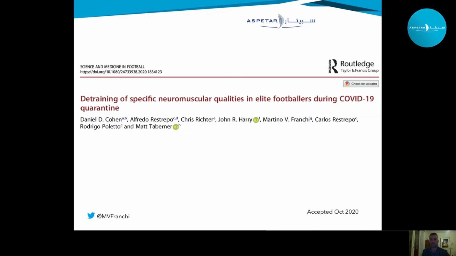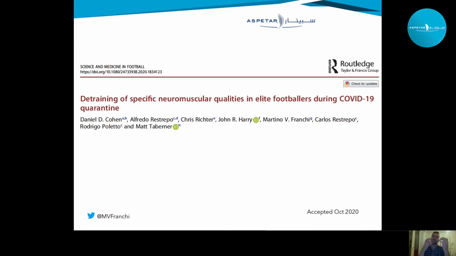This has just been accepted and will be out soon. I decided to not show the figures because I was just kindly involved in this work by Daniel Cohen and Matt Habener. But something that we saw in this case, with America de Cali Football Club, is that there was a reduction, not in the jump height, for example in the countermovement jump, but in some aspect of the yielding eccentric phase or the landing eccentric phase.